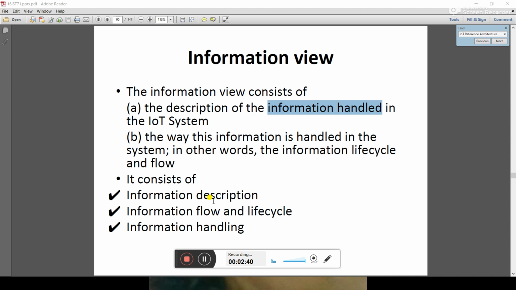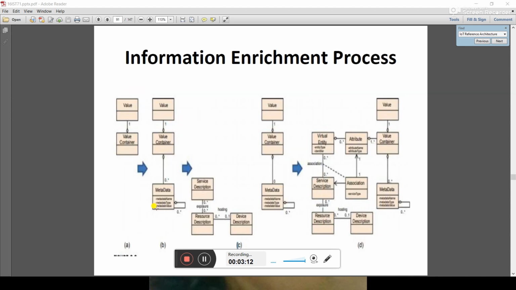In the information view we generally go with all types of data and the handling of the data in an IoT architecture. From the point of view of industry, we should understand how we can manage this type of information, because it is a crucial part.